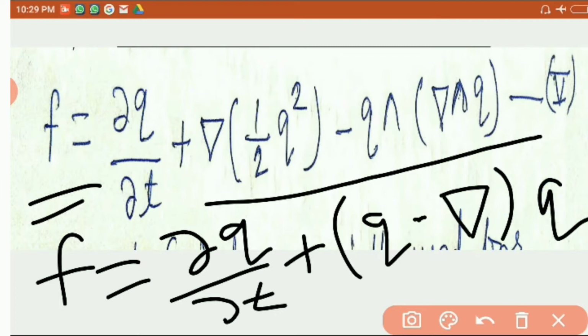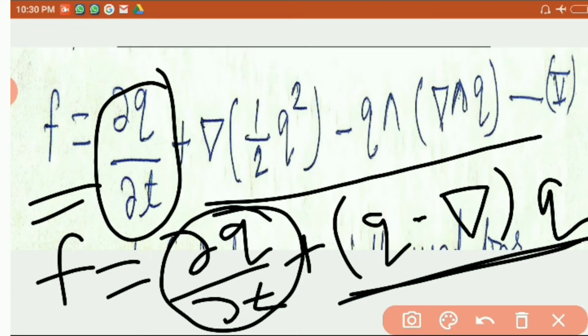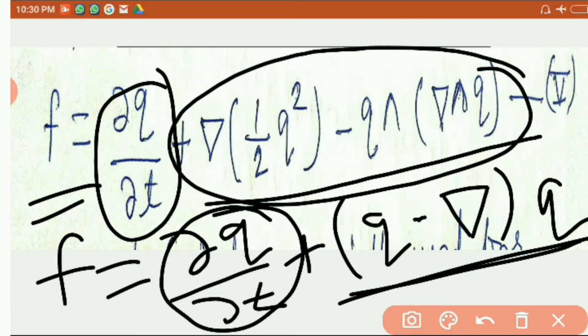So dou q by dou t as it is here, and we calculate this q dot del q, and we get that q dot del q is del 1 by 2 q square minus q cross del cross q.